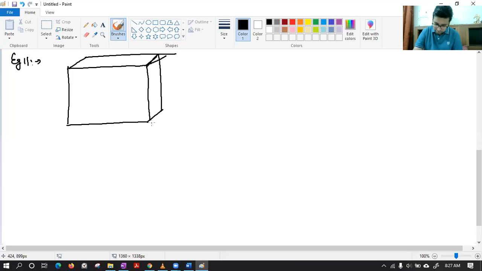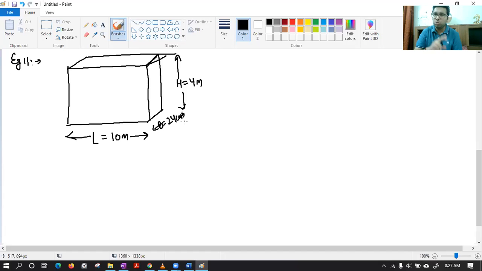The length of the wall is given as 10 meter. Then they are saying the height of the wall is 4 meter. So this is capital H, 4 meter. Then the last thing is the thickness of the wall is 24 centimeter. So breadth is given as 24 centimeter.